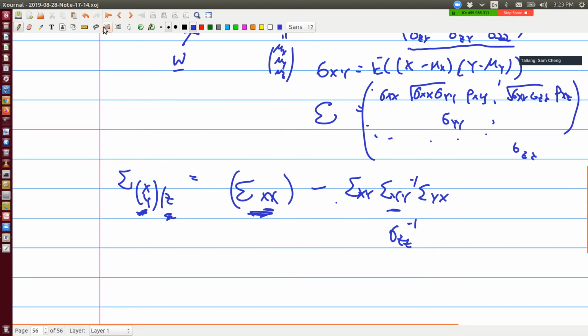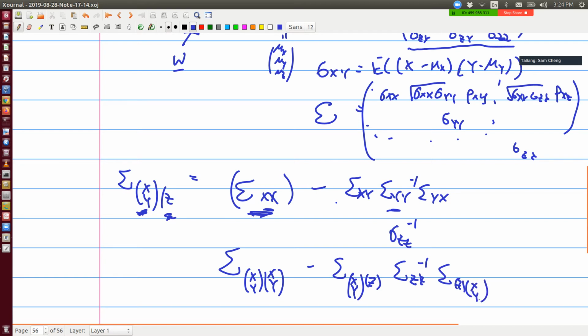So using the variables that we have earlier, it'll be something like sigma xy, maybe I write a notation like that, minus sigma xy z, sigma z inverse, sigma z xy, something like this.